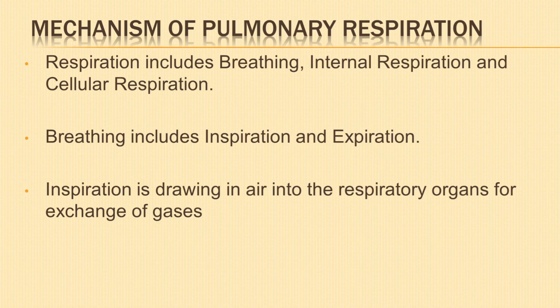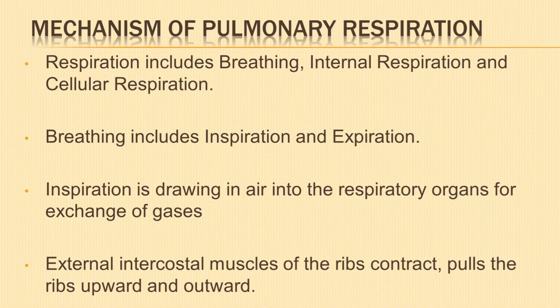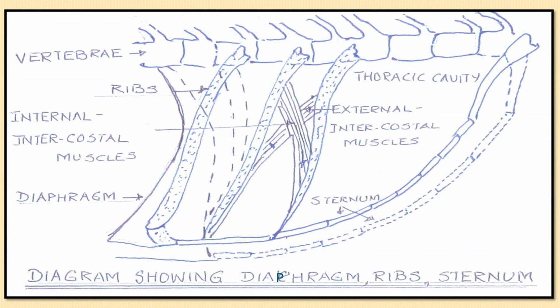The following movements take place. The external intercostal muscles of the ribs contract. Pull the ribs upward and outward. Let us have a look at the diagram. It shows diaphragm, intercostal muscles, ribs, vertebral column. Is it clear?